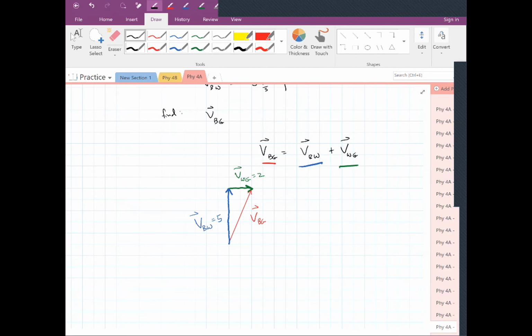So the magnitude, we can get the magnitude of this vector, right? Because I gave you an easy one. It's a right triangle. And we can get the angle.